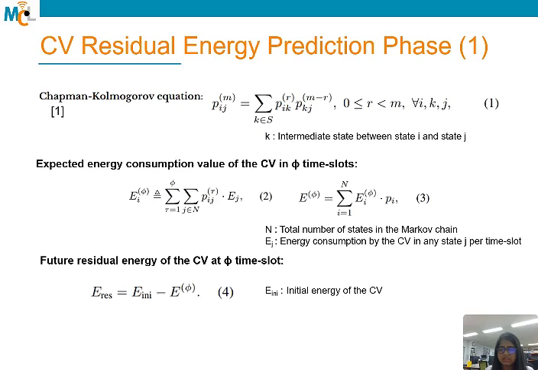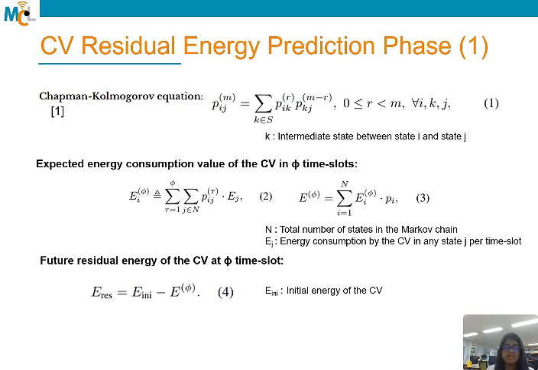Sensor nodes consume energy depending on what state they are in, and for each state the energy consumption is different. The three states we considered are listening, sending, and receiving. The AUV then uses the Chapman-Kolmogorov equation to predict the future cut vertex energy in some pi time slots.